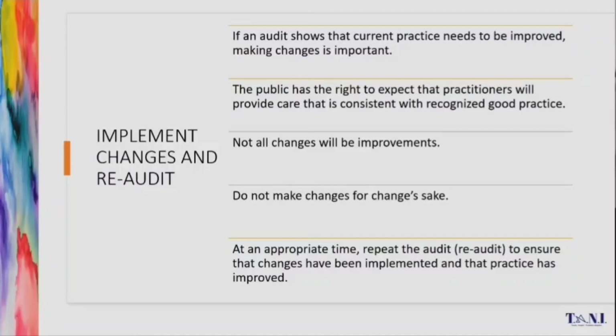If at the end of the day we see that we are not really following the set pathways and standards, the change that we might implement is to come up with a trust guideline itself or a trust proforma to ensure that for any patients coming in with liver cirrhosis, we follow those bundles. That is the change that you are implementing. And you would do a re-audit to see if those changes are being implemented and has that improved your clinical practice.